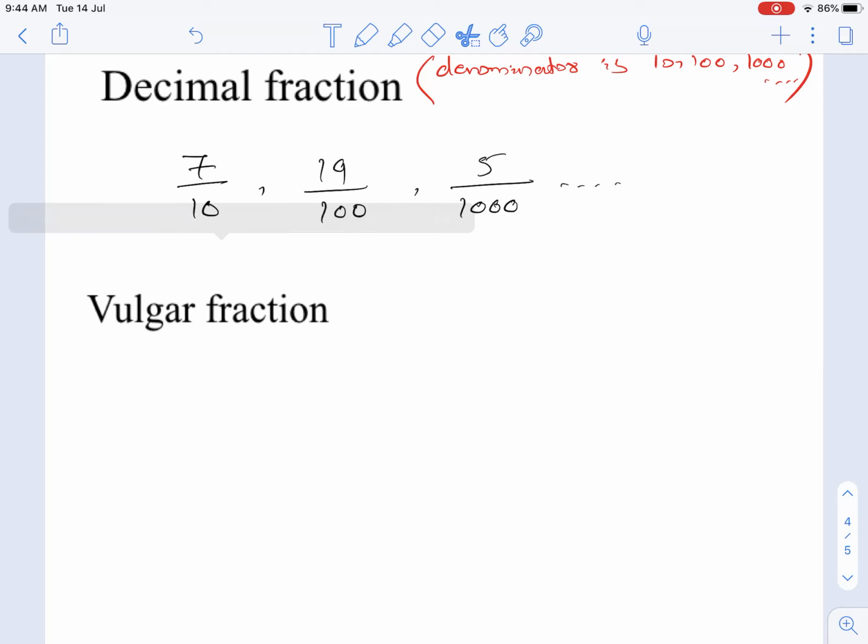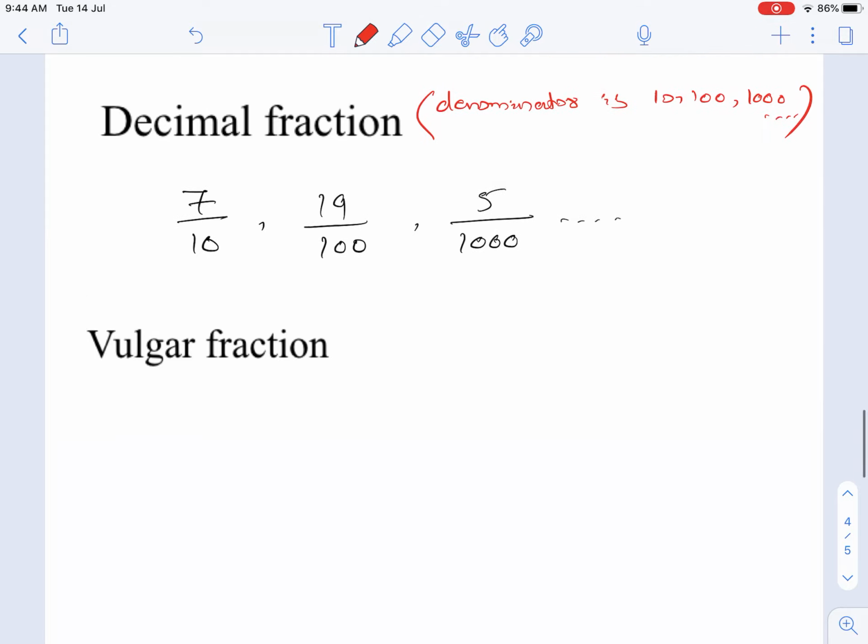Now the next fraction is the vulgar fraction. What is a vulgar fraction? The fraction whose denominator is not 10, 100, 1000 is known as a vulgar fraction. For example, 3 upon 7. Here the denominator is 7, which is other than 10, 100, 1000, 10,000, lakh. So we can say that the given number is a vulgar fraction. Another example, 5 upon 11.